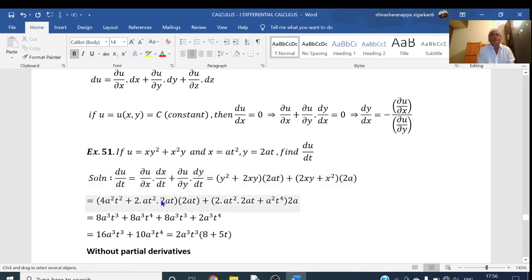So here we can put the values for y and x. If I want to write in terms of t, then we have to put y and x in terms of t. y square: y is 2at, so y square is 4a square t square.